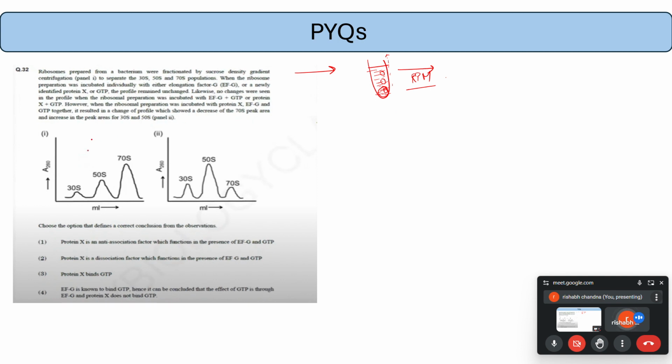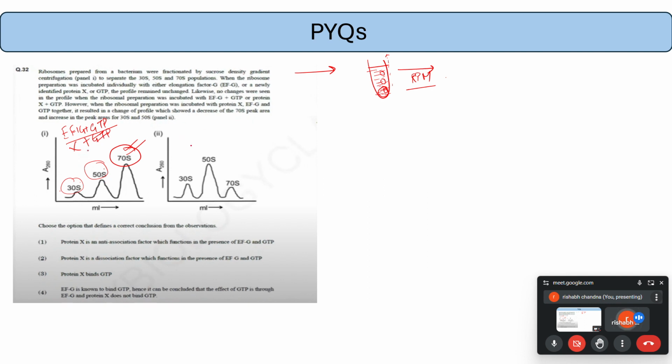So panel 1 shows the result when incubated with EFG plus GTP or protein X plus GTP. They are different in both the cases, but here the pattern remains: the 70S peak is highest, then the 50S, then the 30S. So here the 70S association is more as compared to the subunits of the ribosome.